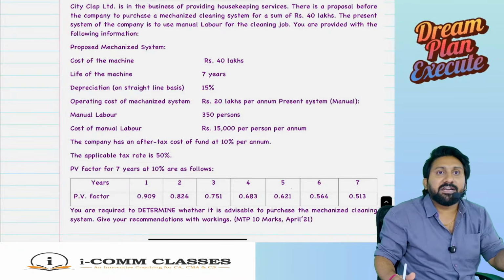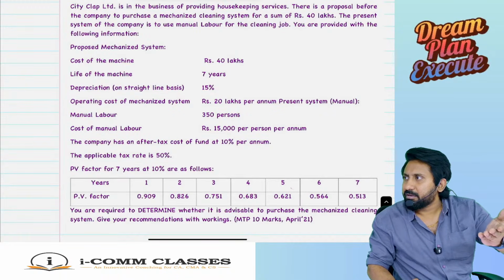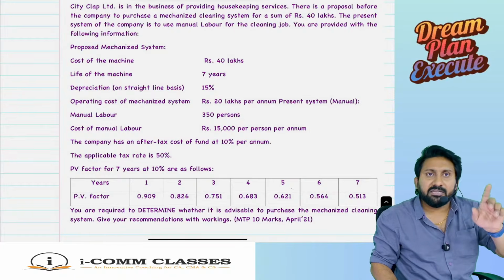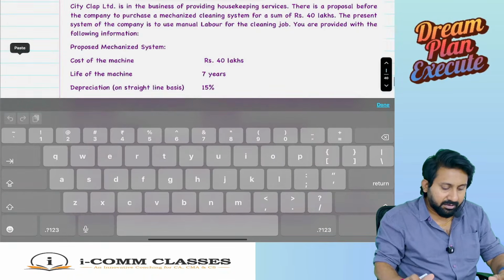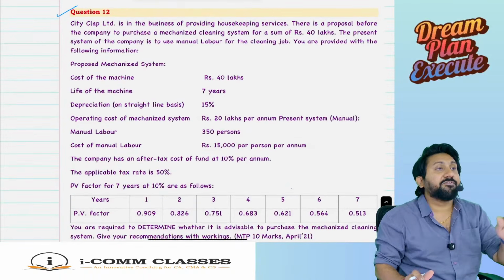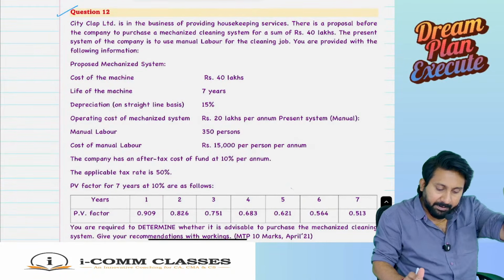The existing system will cost them 52 lakh 50,000, but if you propose the new system, 20 lakh per annum is the cost.